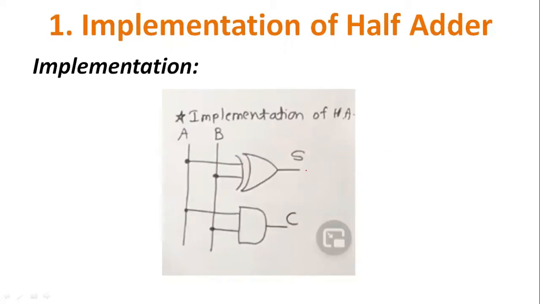So we will get the sum and the carry at the output of the XOR gate and AND gate respectively. Now let us implement this in Proteus software. We have to cross verify whether this circuit will give the proper sum and carry. So let us switch to the Proteus software.